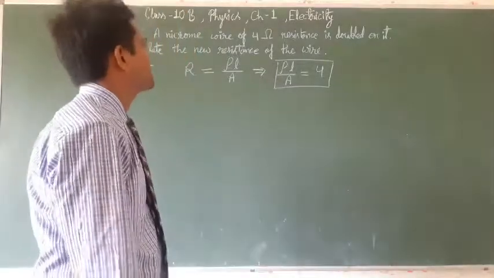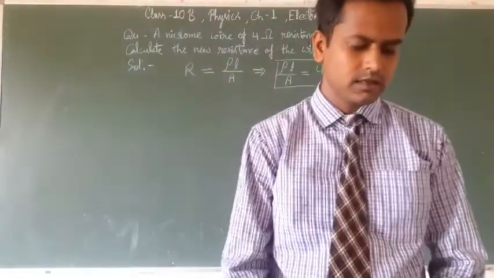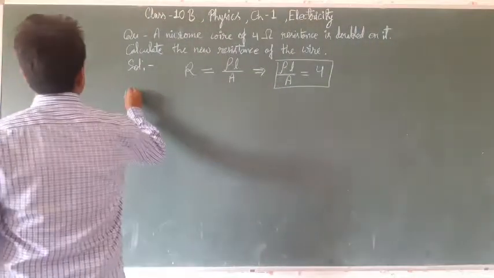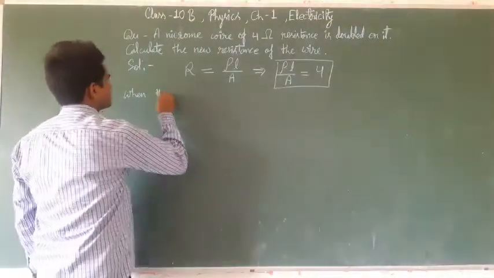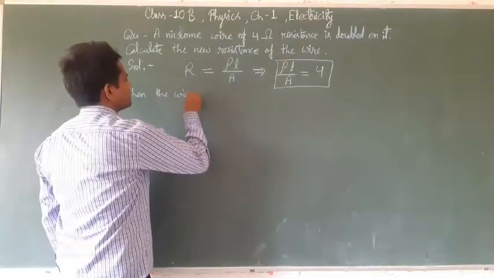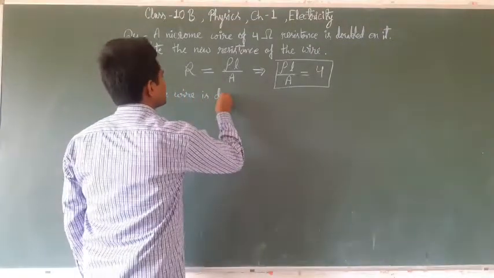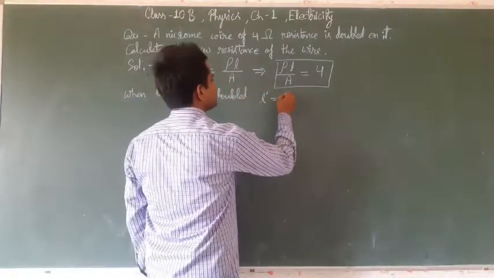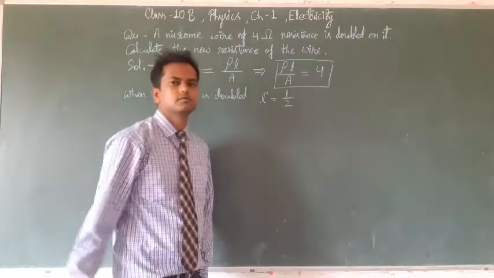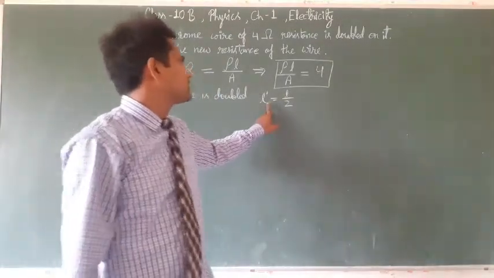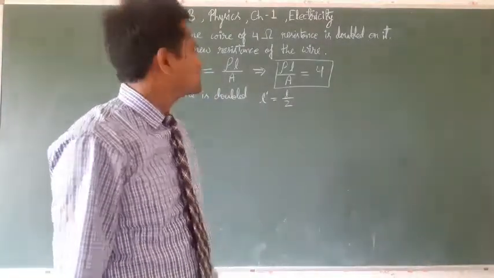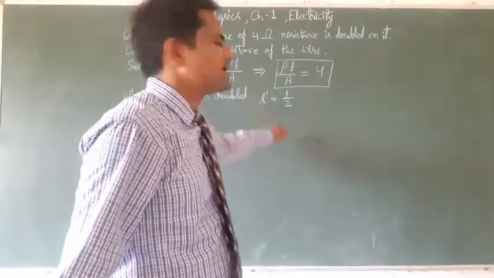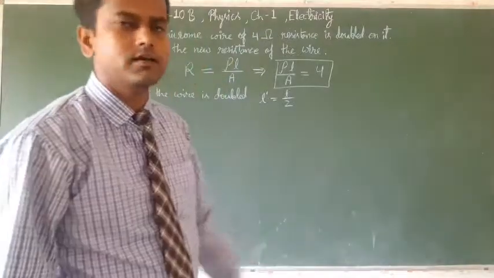Now when the wire is doubled, then L dash will be 2L. Here L is the default length of the wire and L dash, that is the doubled length, is 2L.